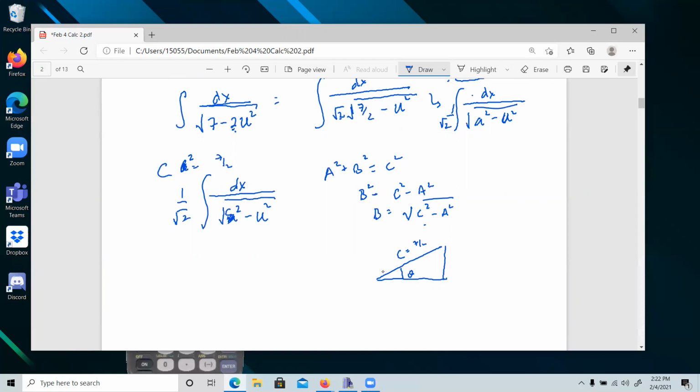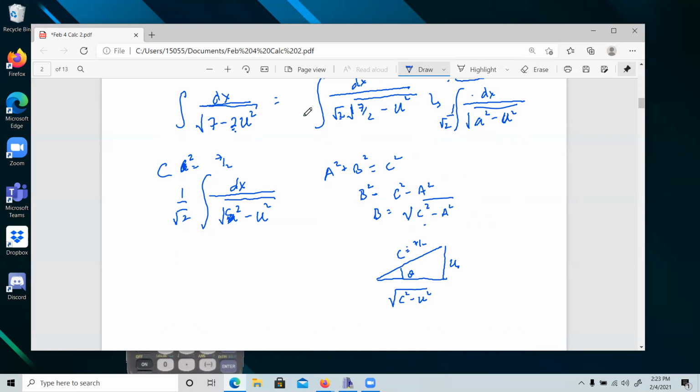We'll make this one u. And this will be the square root of c squared minus u squared. Okay. So that checks, right? That's our triangle. The hypotenuse squared minus the side squared is equal to the square root of the other side. So if I squared this, I would get c squared, right?